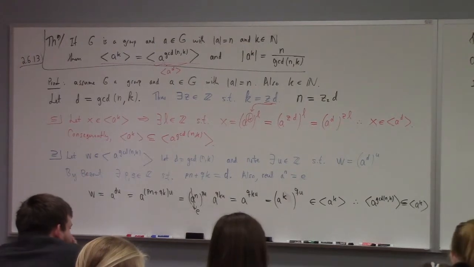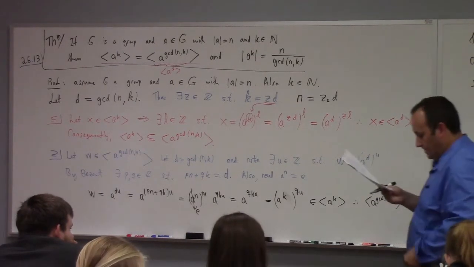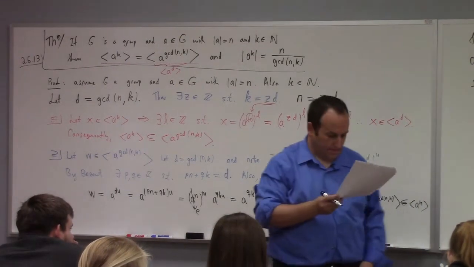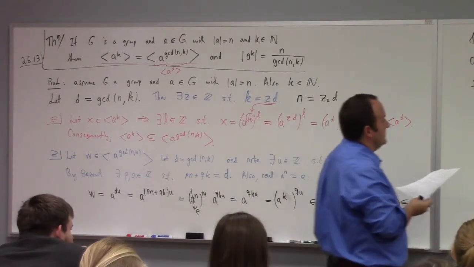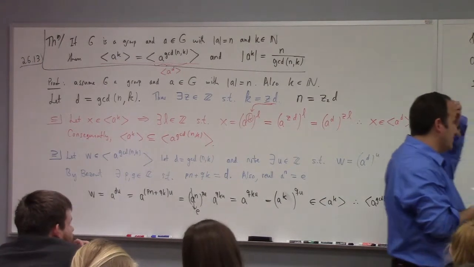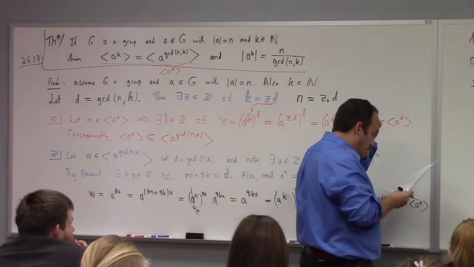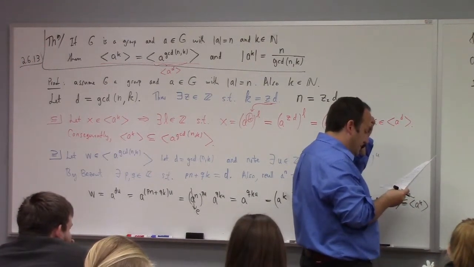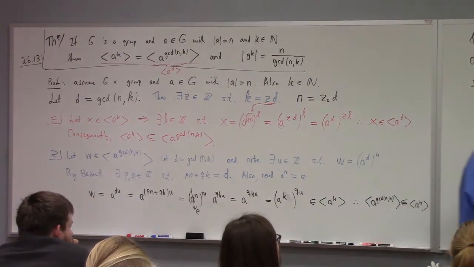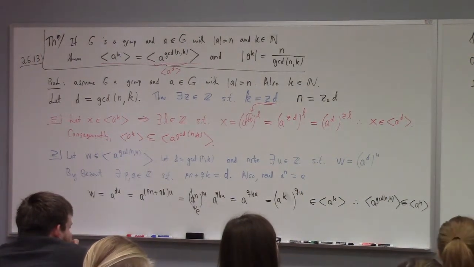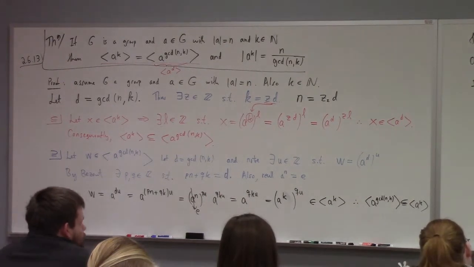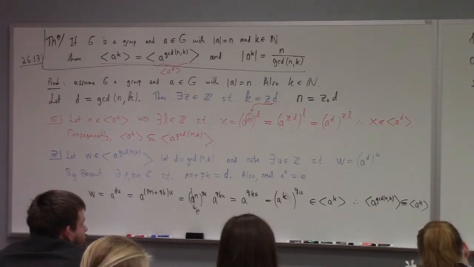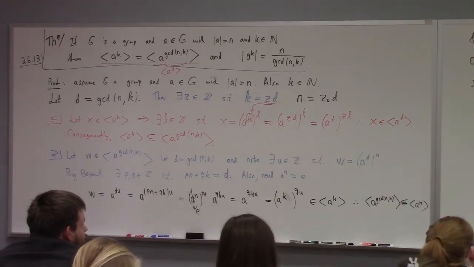How do I know that? Right, because the order of a is n. Thus, the order of a to the d is equal to what? n over d, because we showed it's at most n over d and it can't be less than it, right?